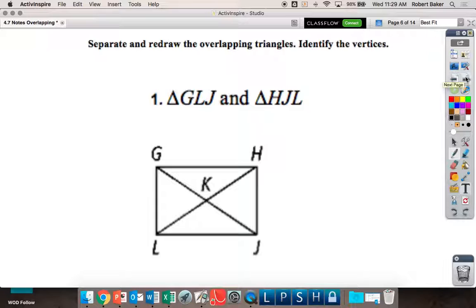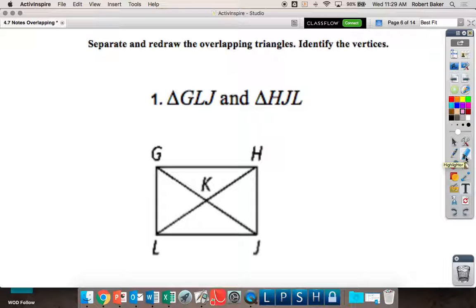An easier concept. Can you separate and redraw the two triangles? There's two. Oh wait, it gave us the triangles right there.